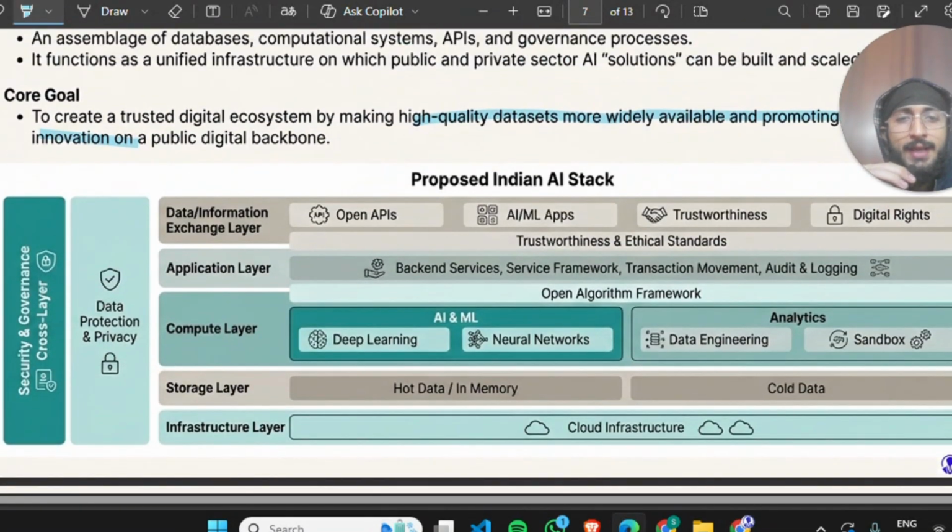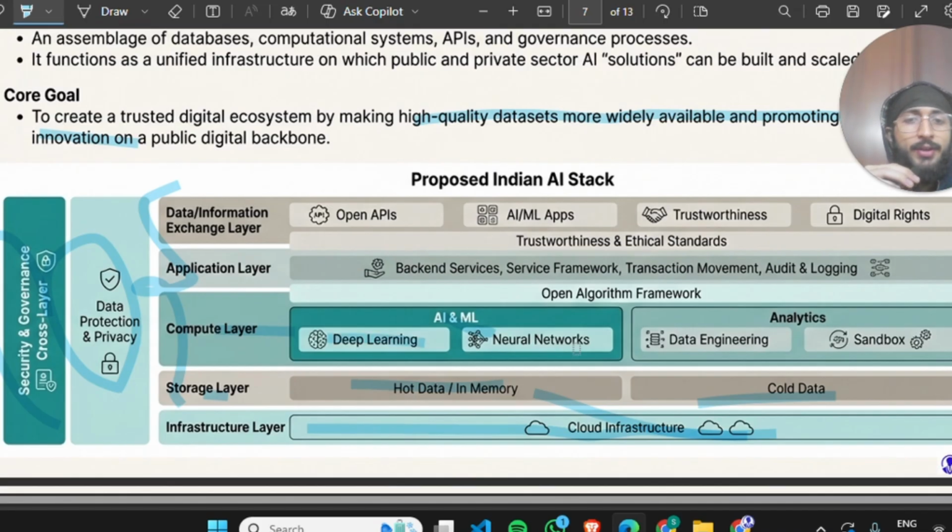Now, the proposed Indian AI stack looks something like this. So we basically have the security and governance cross layer. Then we have data protection and privacy, and within this we have all these layers. So first we have at the bottom infrastructure layer, which stores the cloud infrastructure. Then we have storage layer, hot data in memory and cold data. Then we have the compute layer, which has all the AI and ML operations taking place in it.